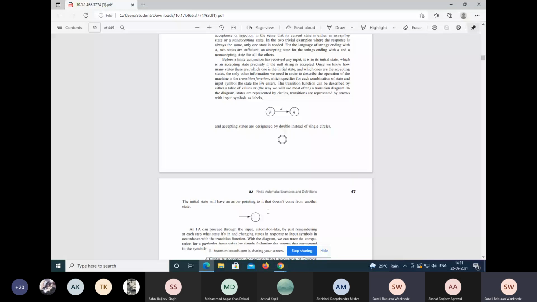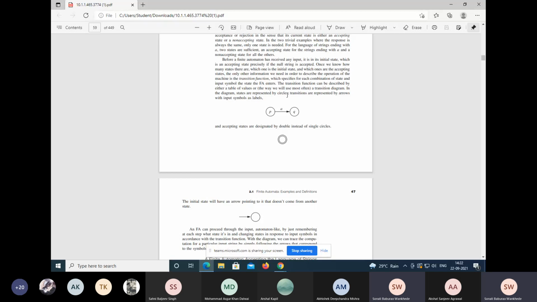So, let's have a look at this diagram. In the diagram, the states are represented by circles. As you can see, there are two circles over here. So how many states do I have here? I have two states, P and Q. States are represented by circles.